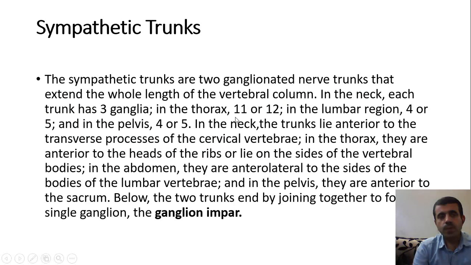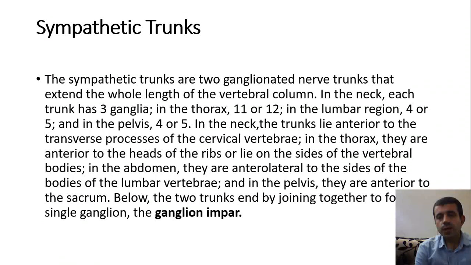Now, what are the sympathetic trunks? The sympathetic trunks are two ganglionated nerve trunks that extend the whole length of the vertebral column. In the neck, each trunk has 3 ganglia, in the thorax 11 to 12, in the lumbar region 4 or 5, and in the pelvis 4 or 5. In the neck, the trunk lies anterior to the transverse processes of the cervical vertebrae.